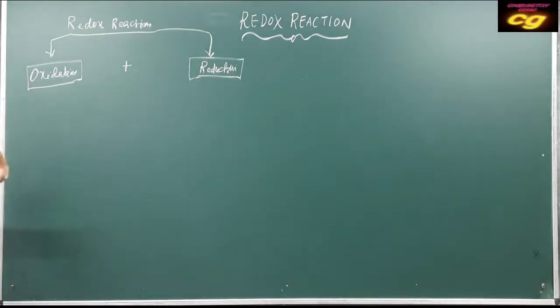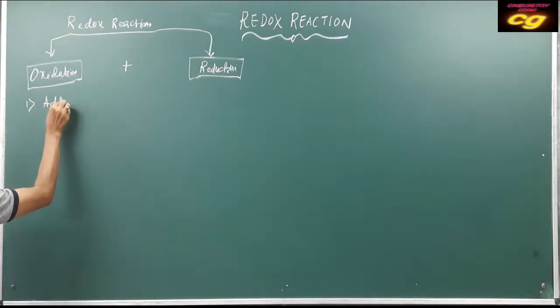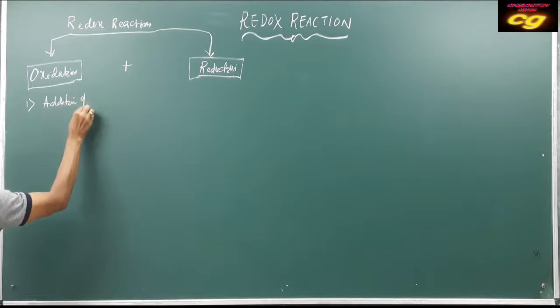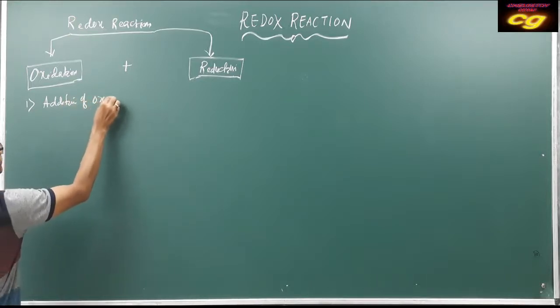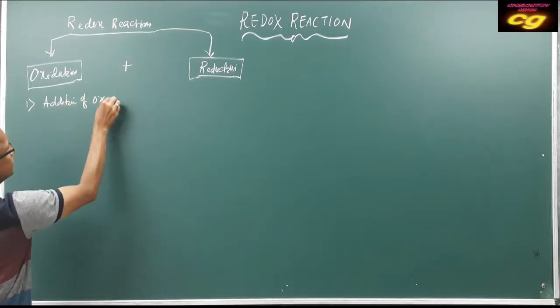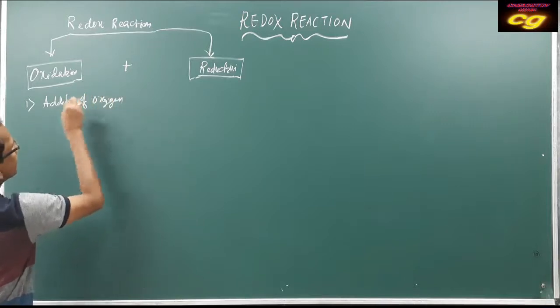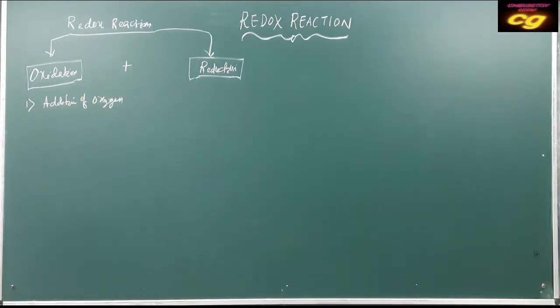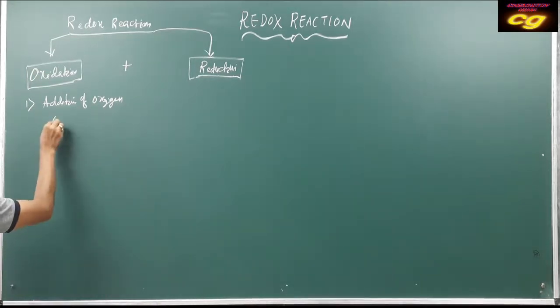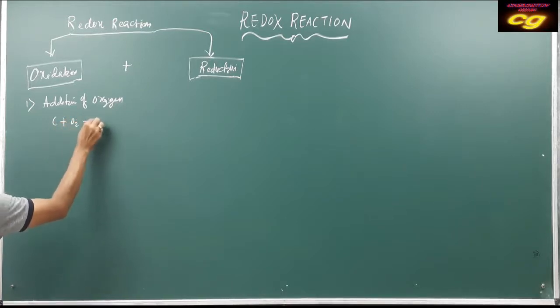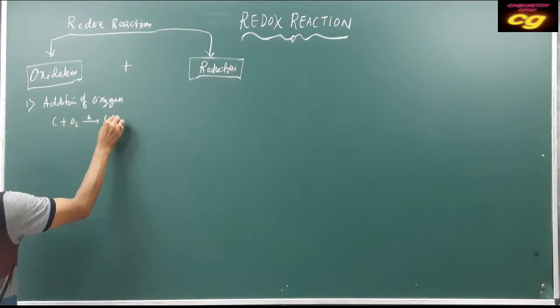Oxidation reaction indicates addition of oxygen. Addition of oxygen is also called oxidation. For example, carbon plus oxygen when heated produces carbon dioxide.